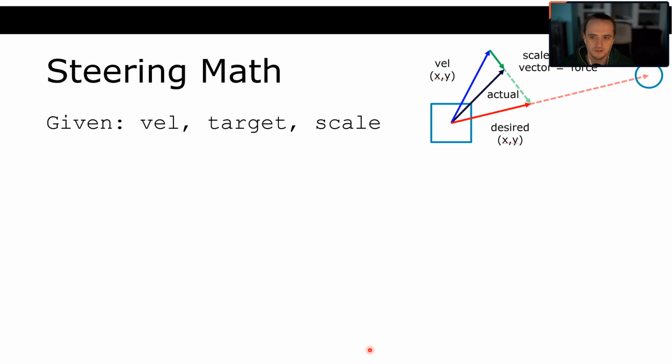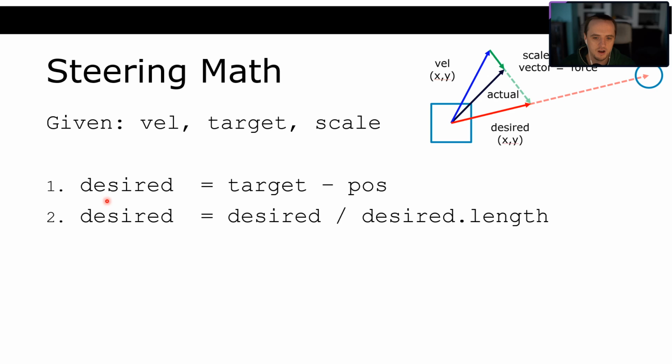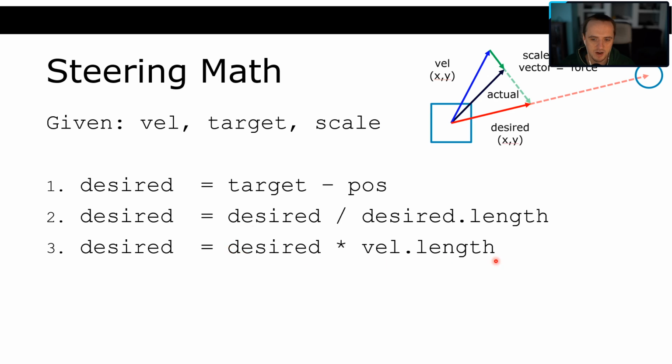Here's how you would do it in pseudocode. So you have desired equals target minus position, right? So again, target minus pos gives us the dashed red vector here. Then we divide desired by its length in order to normalize it to get the unit red vector. Then we multiply desired by the length of the blue velocity vector in order to scale the red vector to the same length.